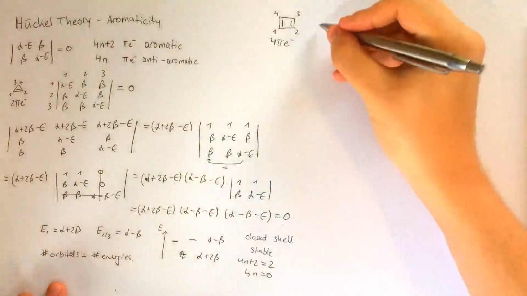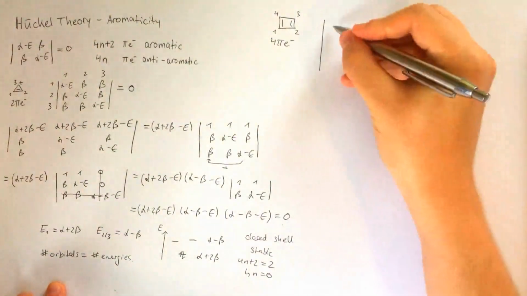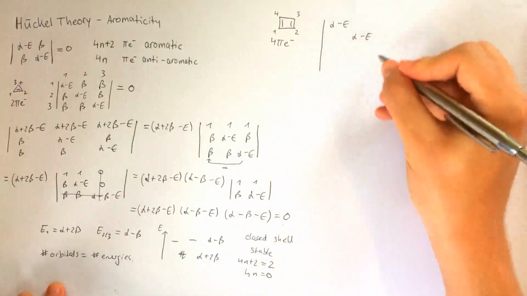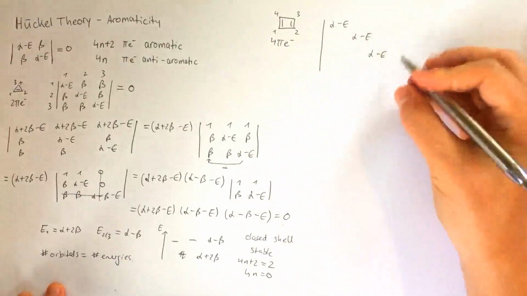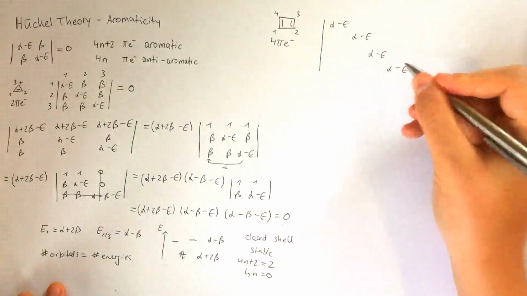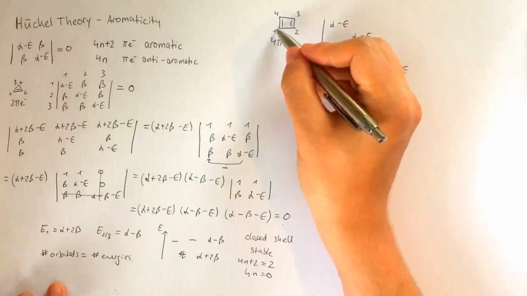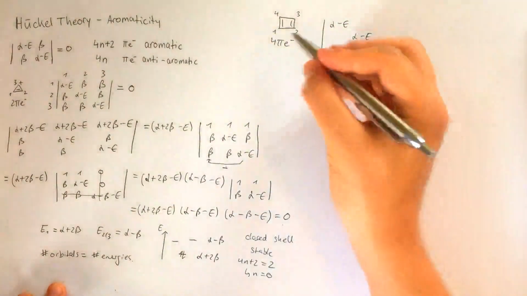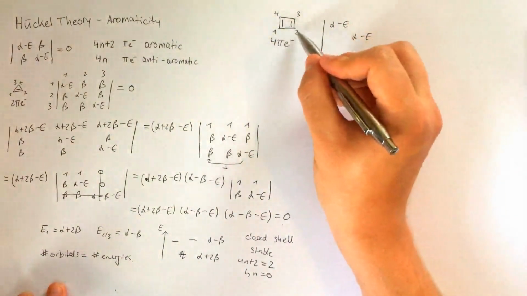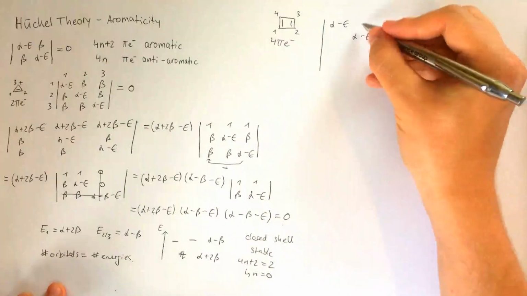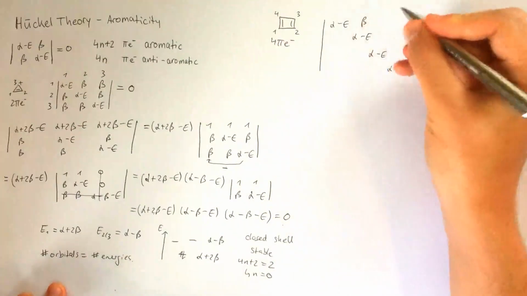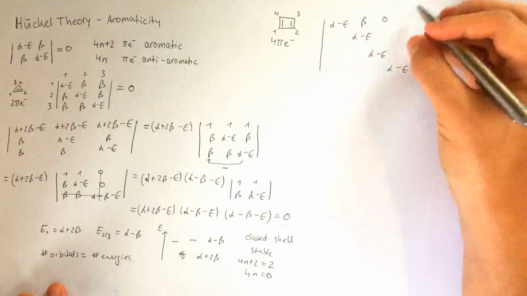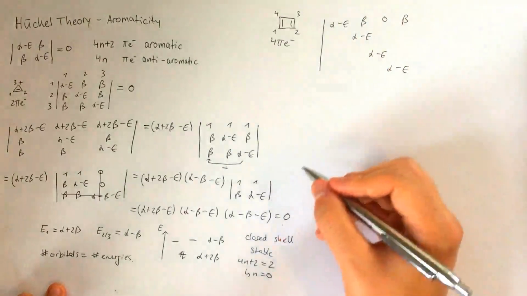Now, if I write down the determinant, first I'll write alpha minus E on the diagonal, since I can always do this, as each carbon is always bonded to itself, if that makes sense. Then I know that carbon 1 is bonded to 2 and 4, but not to 3. So I'll put beta here, a 0 here, because it's not bonded to 3, and a beta here.